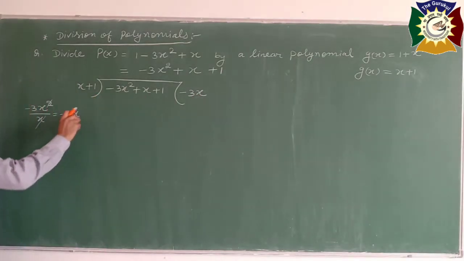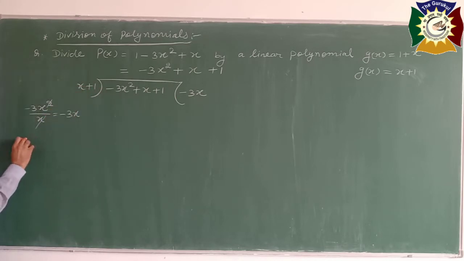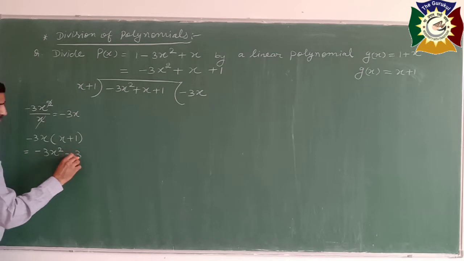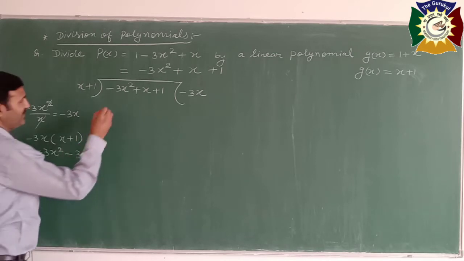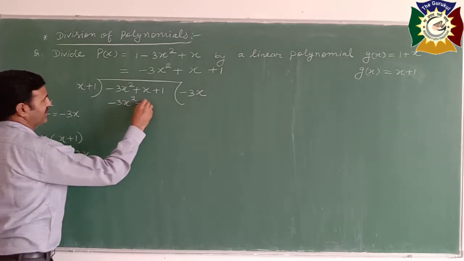Now we have to multiply this term with the divisor, minus 3x into x plus 1. Open the bracket, minus 3x square. When we multiply, we will add the powers if bases are same. Minus 3x into 1, minus 3x. Minus 3x square, minus 3x.